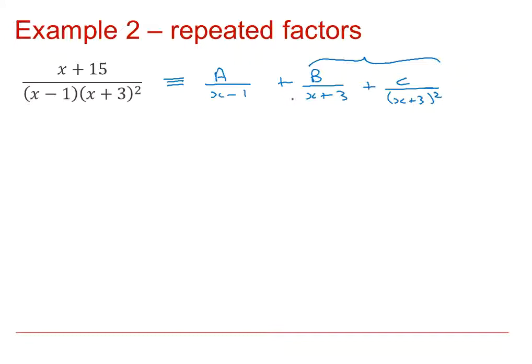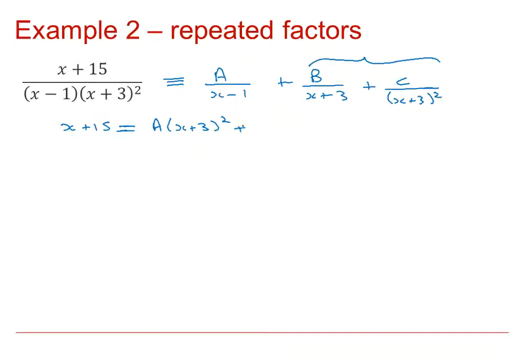factors to be represented. Now when I multiply through by (x minus 1)(x plus 3) squared, the left hand side becomes x plus 15. When I multiply a over x minus 1 by (x minus 1)(x plus 3) all squared, the x minus 1 cancels out and we're left with (x plus 3) squared.